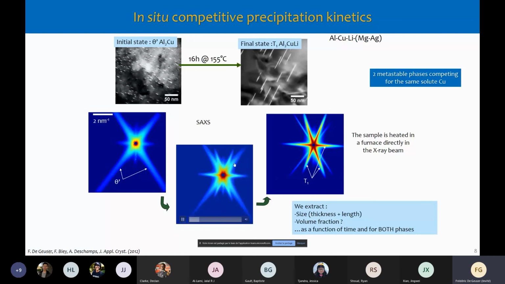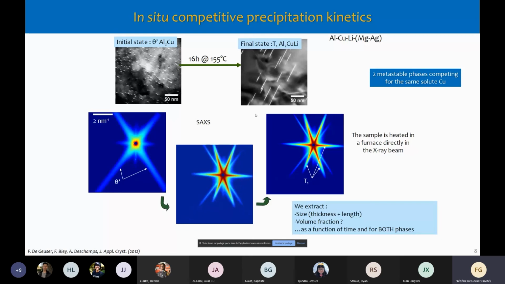And this is the 16 hours video of what's going on during the heating. So you can really see the precipitation happening and the T1s taking over at the expense of the theta prime.